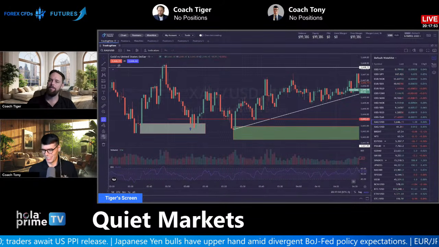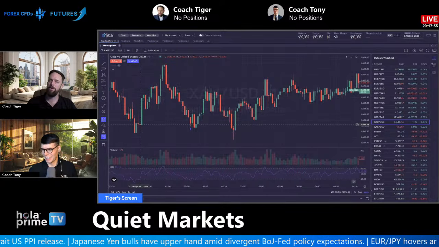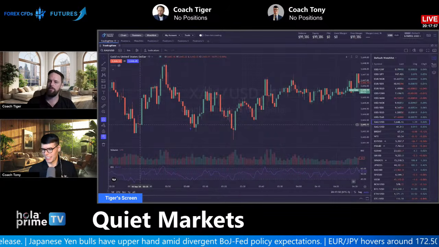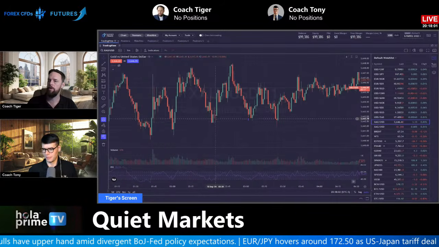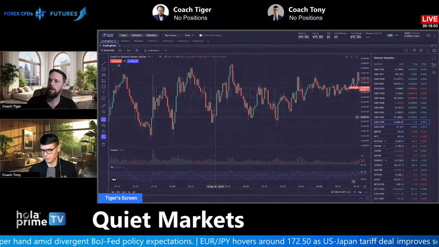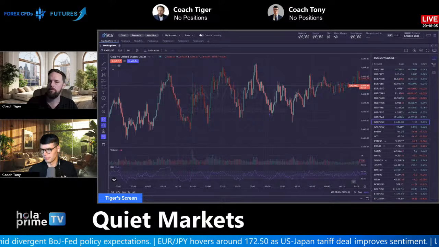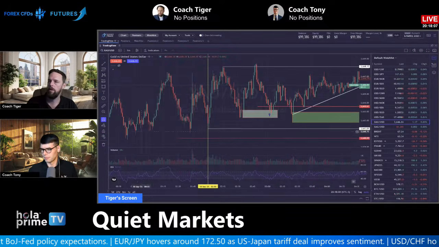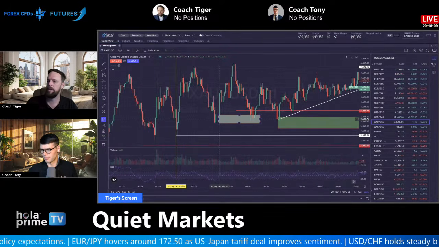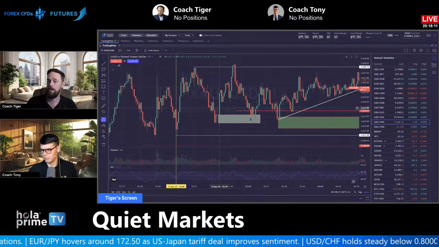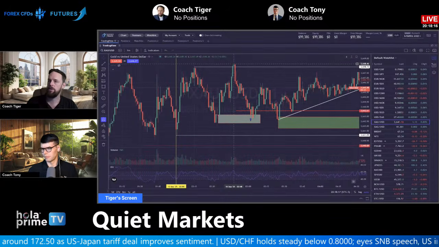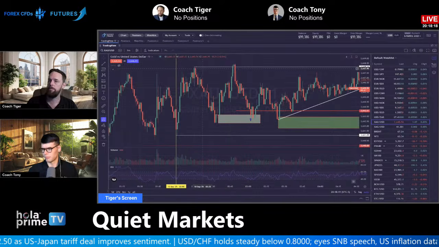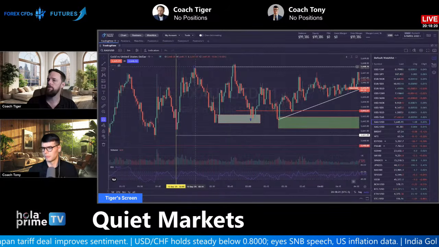I was ultimately looking at that red candle, which was 35 minutes after the market open. What I liked about that thrust up was not only the fair value gap on a 1-minute time frame, but the fact it did get the first push and close above the opening range.